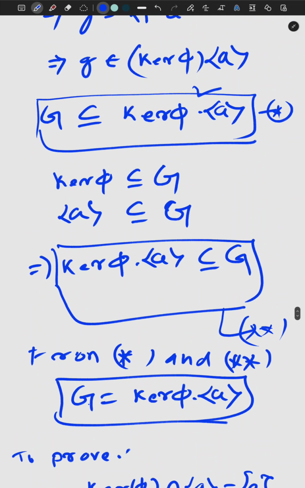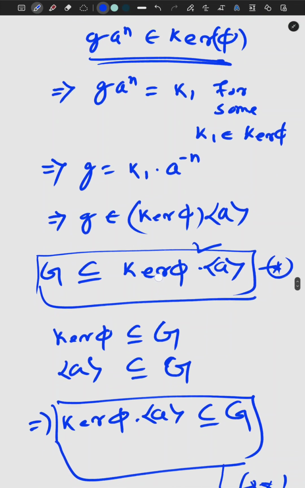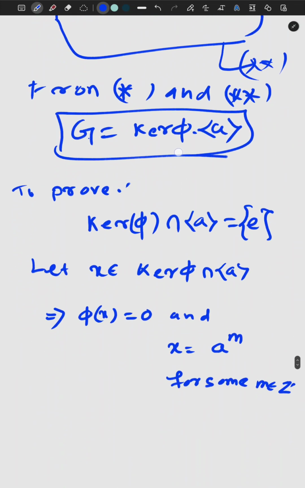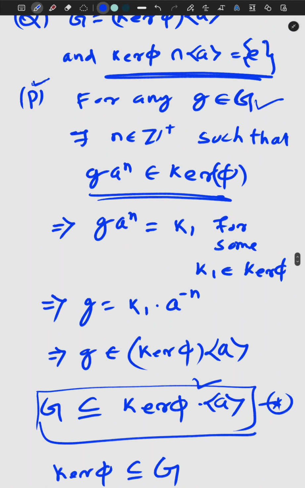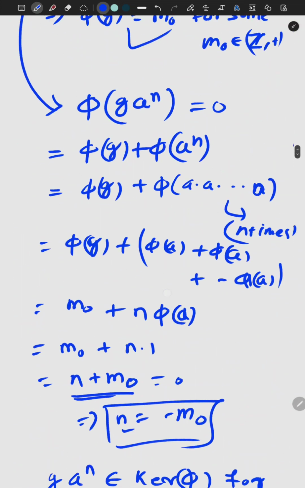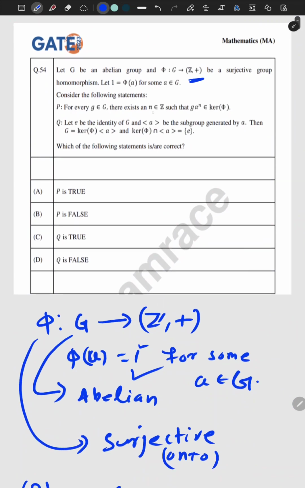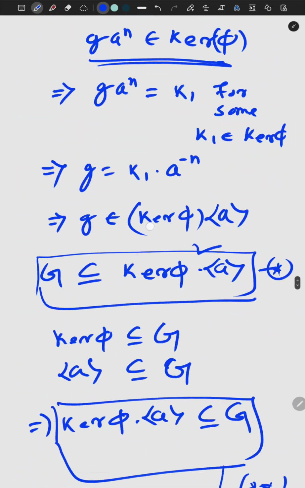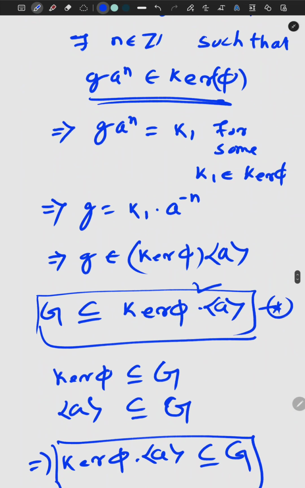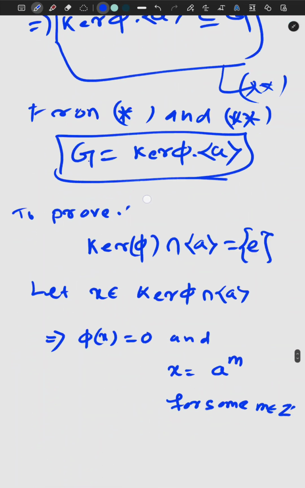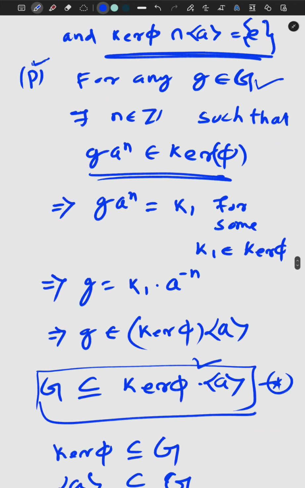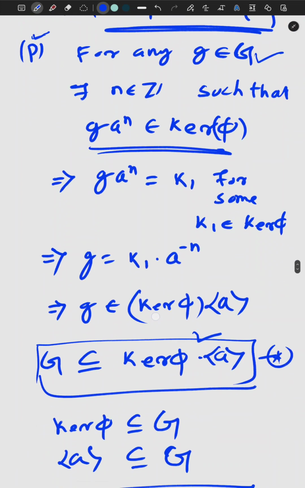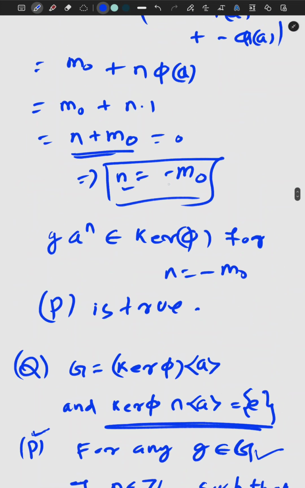One thing I have written the wrong way. Here n does not belong to Z plus, it is Z, because the statement is asking about Z. If you look carefully at the calculation, we have taken n equal to minus m0.